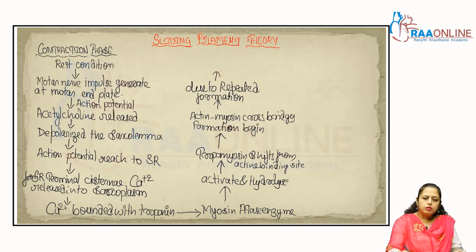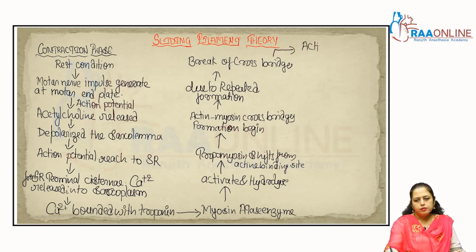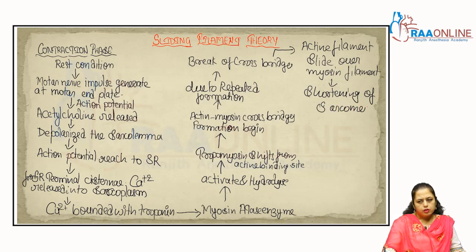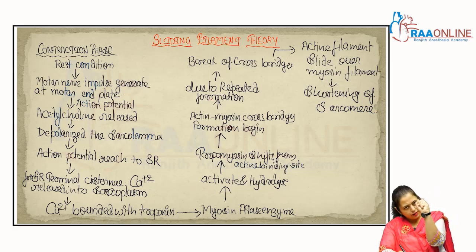With the break of cross bridges, the actin filament slides over the myosin filament, and there is shortening of the sarcomere. So the muscle contracts at that time.